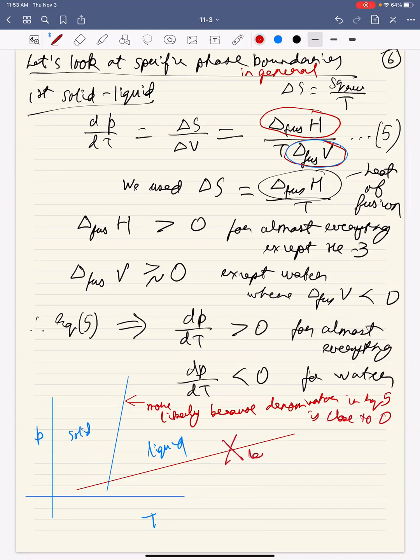It is still possible if you have something where the volume change is huge. It is possible that the slope is close to 0, but most of the time it won't be. And this positive sloping curve is true for everything except water.